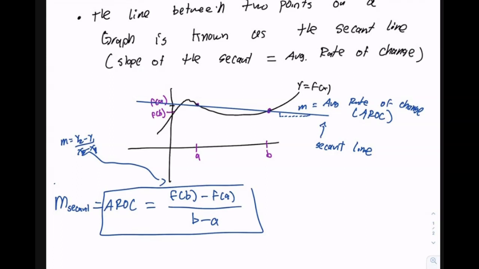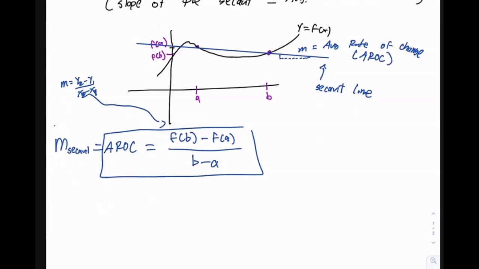But something in calculus that's very important is that we need to shift our work more towards function notation, because what is y1? What is y2? What are we referring to there? All the formulas we're going to use are going to use a, b, f of a, f of b, but it does mean the same thing. So you are correct, for those of you who were thinking y2 minus y1 over x2 minus x1. That's our formula.